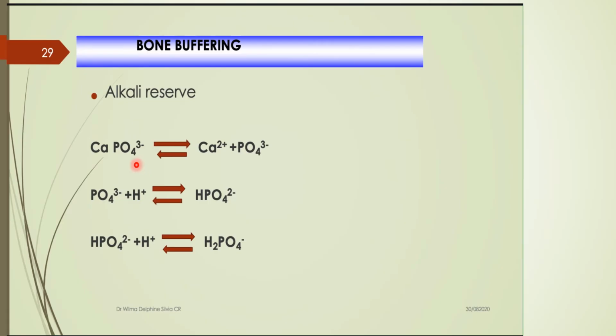Here we can see the acceptance of hydrogen ions by the phosphate to form monohydrogen phosphate, and then the buffering of again hydrogen ions by the monohydrogen phosphate to form dihydrogen phosphate. This calcium phosphate in bone can be regarded as an alkali reserve which is mobilized in response to reduced pH.